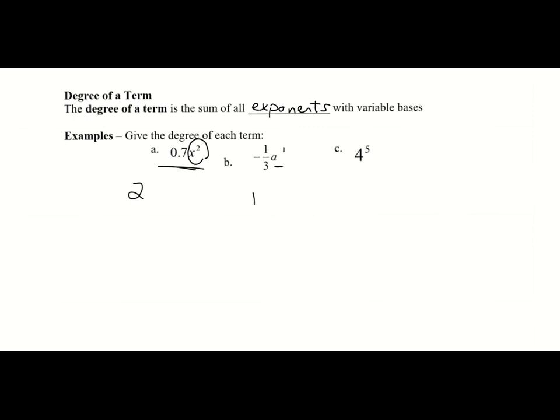So this has a degree of 1. And for C, it's 4 to the 5th power, but we're looking at the sum of all the exponents with variable bases because I don't have any variables here. The degree of this term is 0.